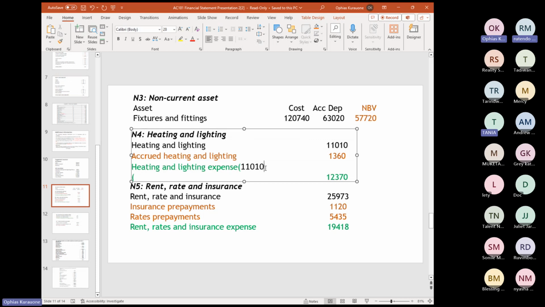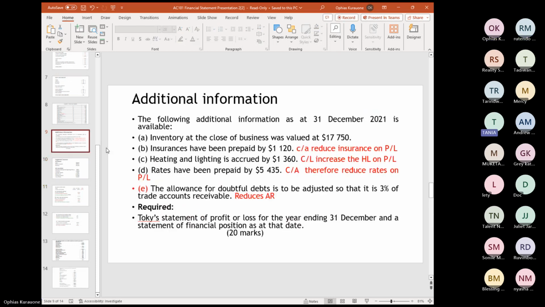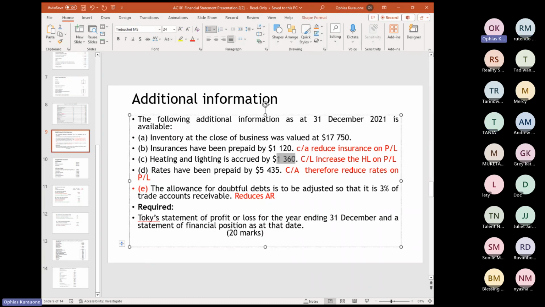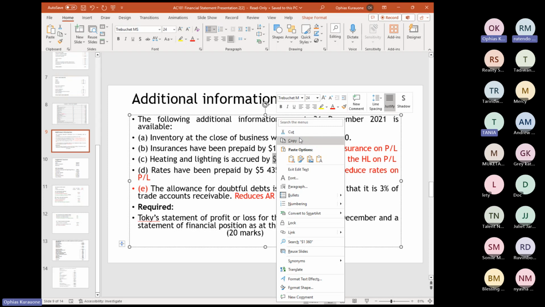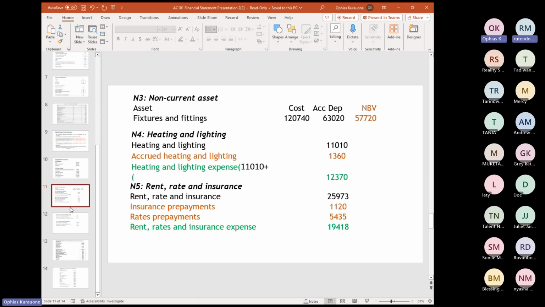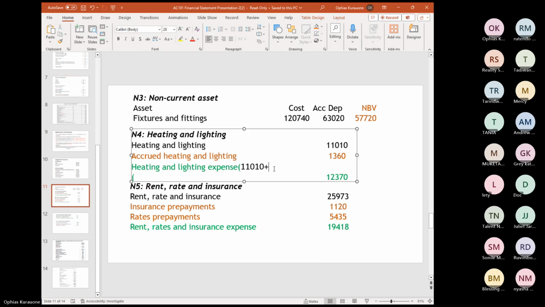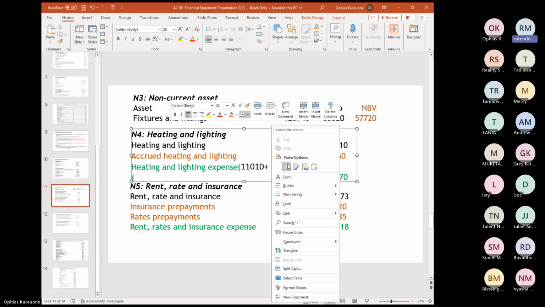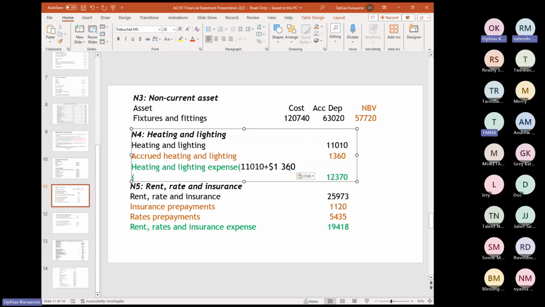Then plus, because they are saying from these notes that the heat and lighting is accrued, I pick this 1,360 and add it here. I had not paid, but I should have paid.